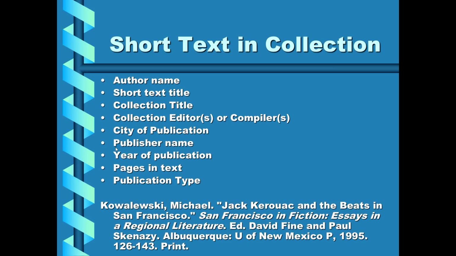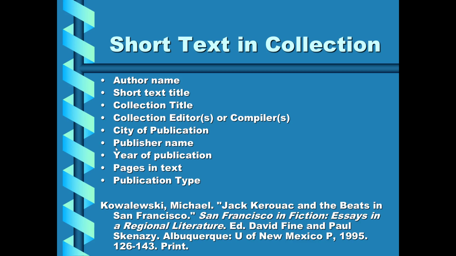Next common kind of source, a short text in a collection. Just as a tip, anytime you cite one or more of the essays from our textbook, this is the template that you would use, okay? So, you start out by giving the name of the author of the individual essay that you're citing, or short work, to put it broadly.